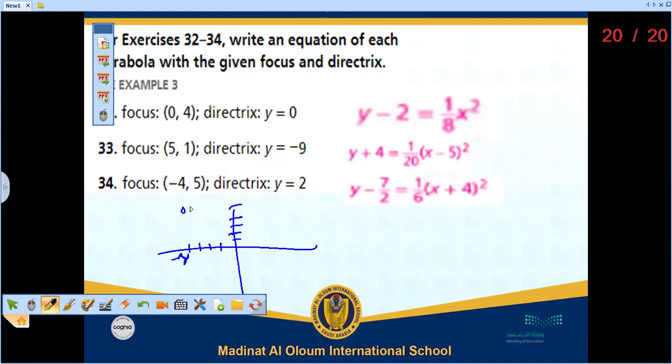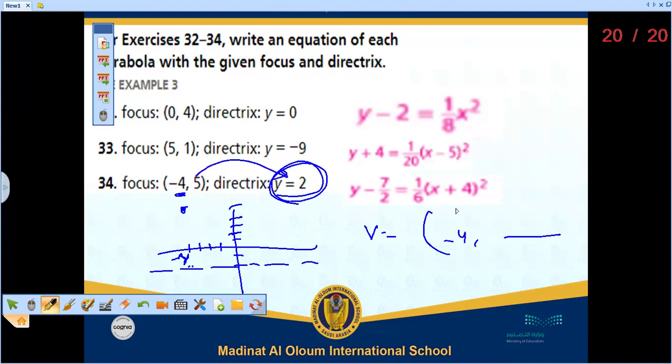Oh, I didn't use the directrix. This is my directrix. Now I need to get the vertex. My negative 4 is still the same. 5 plus 2 divided by 2 makes negative 4 and 3.5. Now I need p.